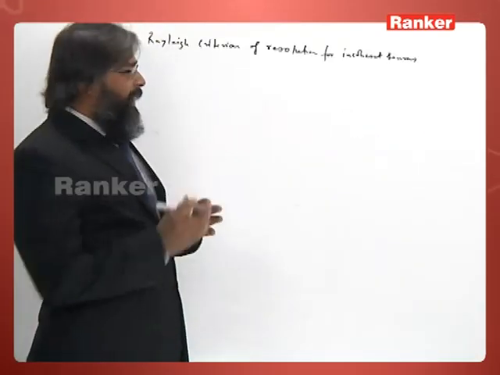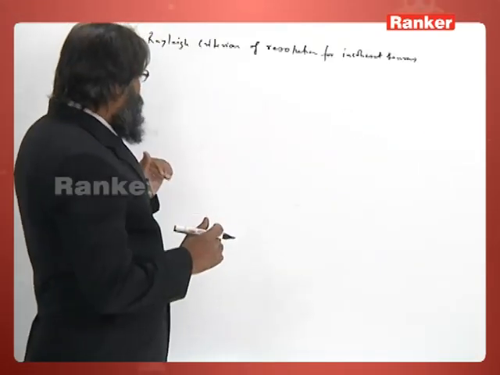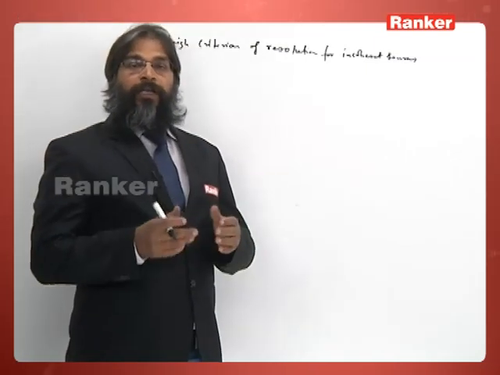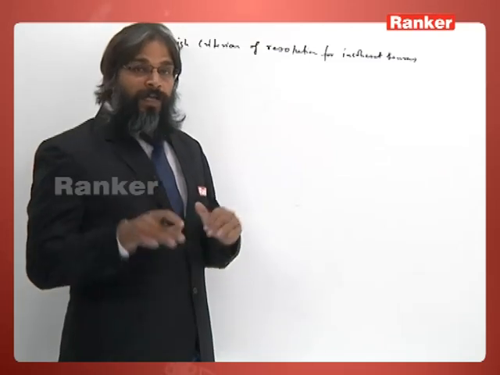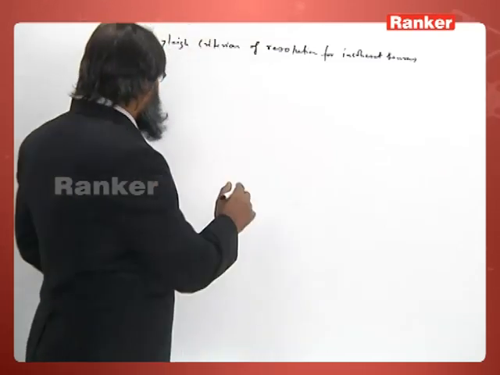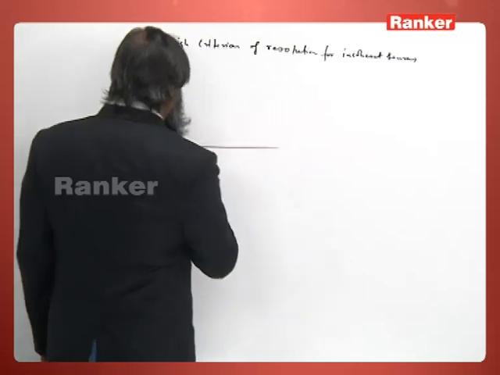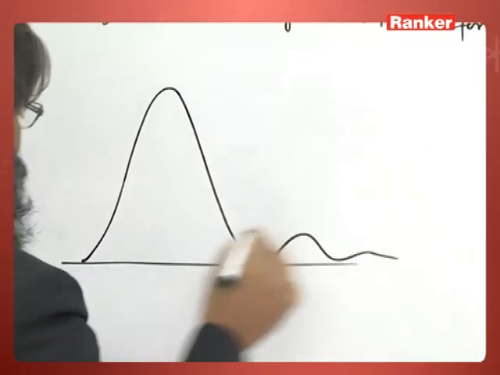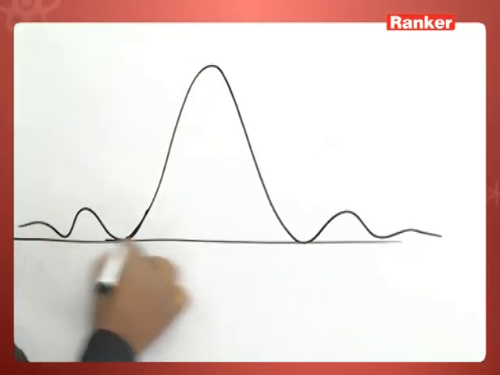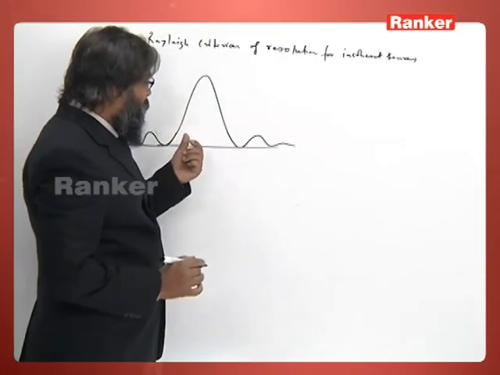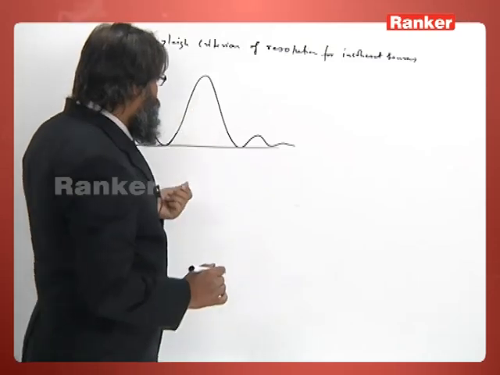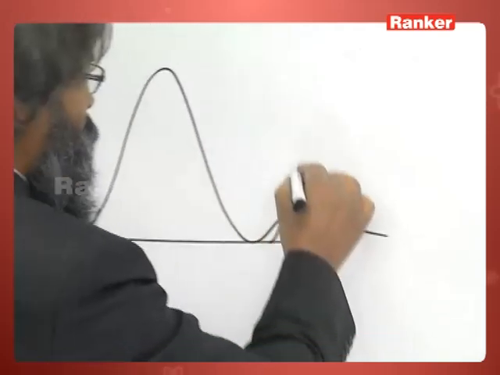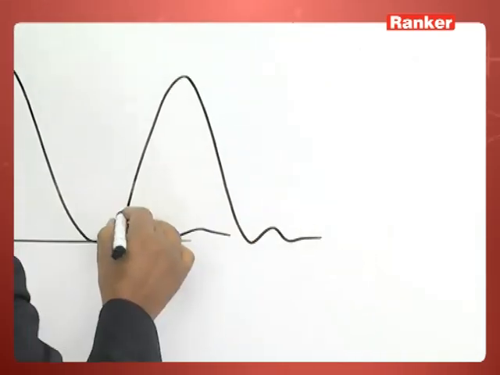Now let us see, when two objects are critically resolved, unresolved and well resolved, how the interference, that is the diffraction patterns, will look. So you see this is the Airy pattern, the diffraction pattern of one object, and this is suppose another object.